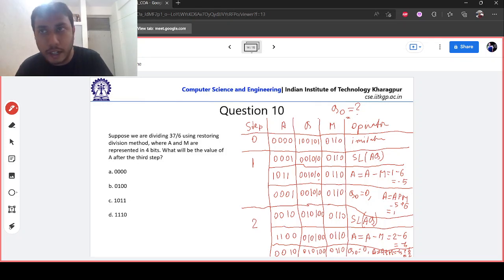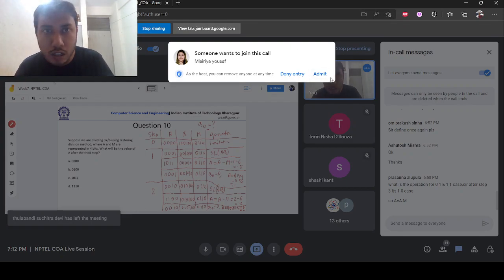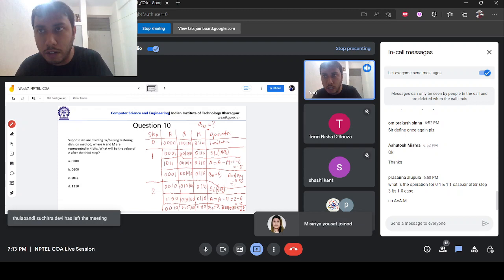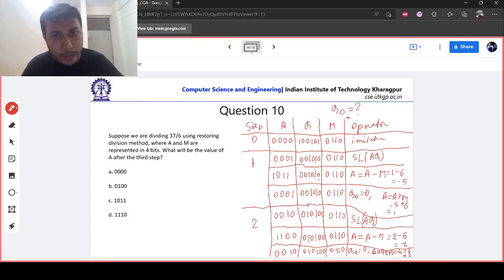If you look, there is one pattern. This value and this value are the same, and again this one and this one are the same. That is the reason why it is called the restoring division method. First we do A equals A minus M, and what comes is a negative number.